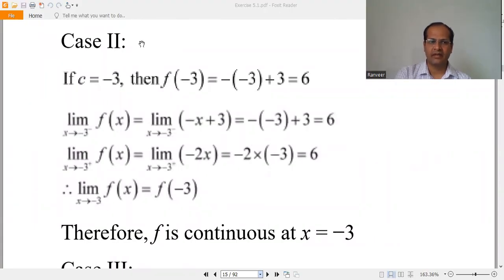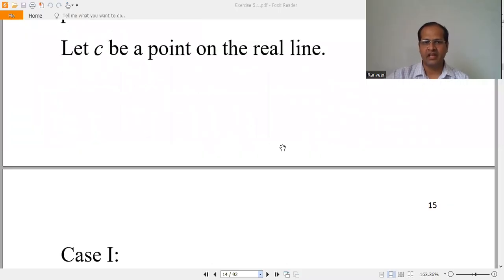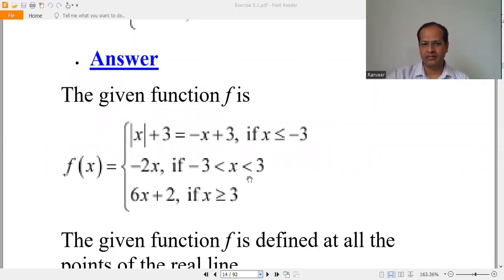So the f of -3 value is nothing but 6. Now at the -3 minus, if you see the definition, x is less than -3, and the function definition is -2x.